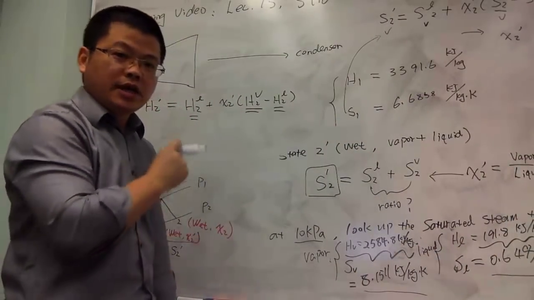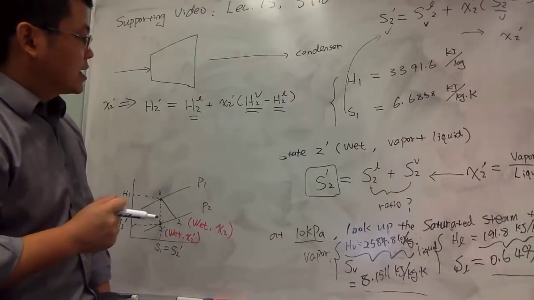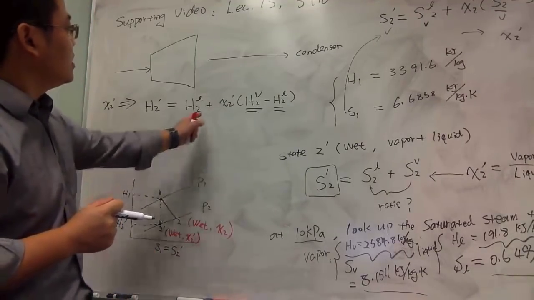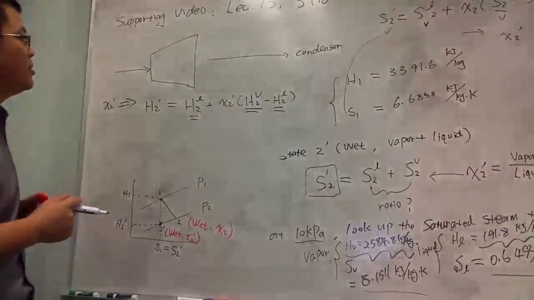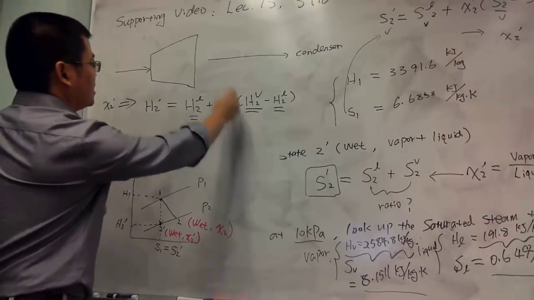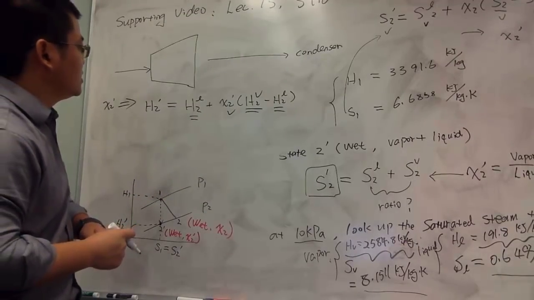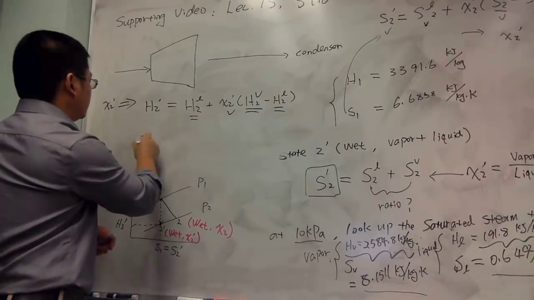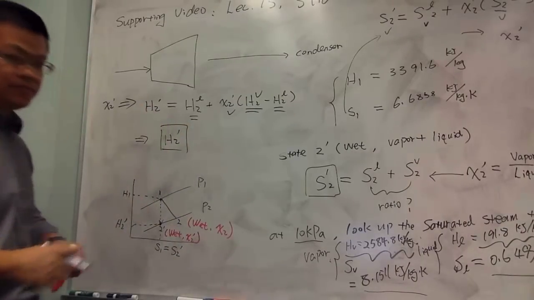Right? This is again the saturated steam. So at this 10 kPa, we are able to get those values from the saturated steam table. And x2 prime was coming from the previous calculation. So this is how we can solve and figure out what would be my h2 prime.